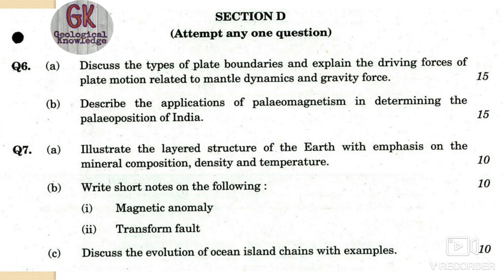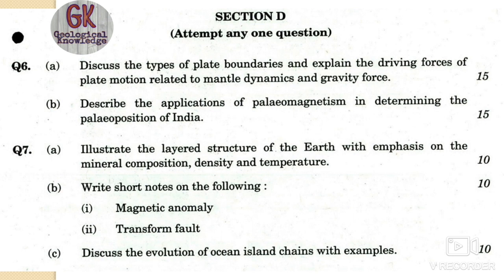How the composition in particular layers varies, the density is also variable, as well as the temperature. In terms of these three, mineral composition, density and temperature, you have to illustrate the layered structure of the earth.